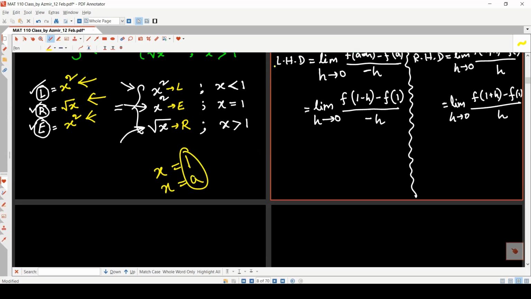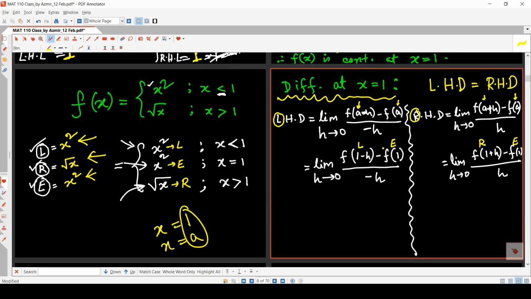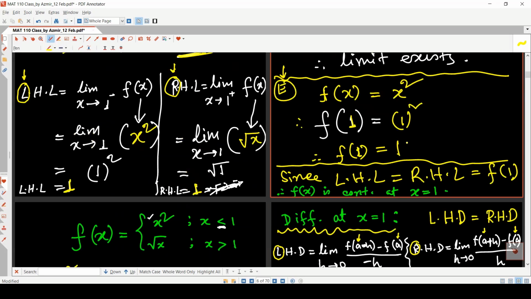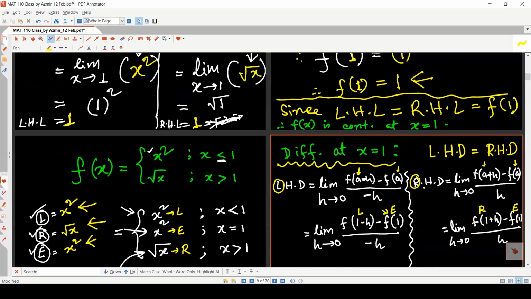Now, for left-hand derivative, remember the first part is the L part and the second part is the E part. For right-hand derivative, the first part will be the rightward part and the second part will be the E part. So already we have found what is f of 1. Whenever we checked continuity, we found that f of 1 is 1.